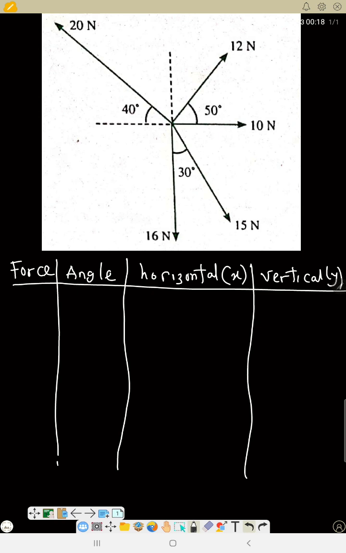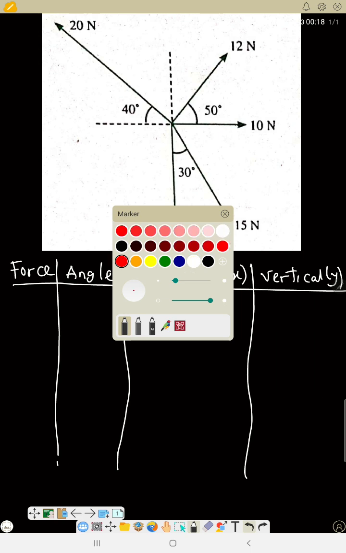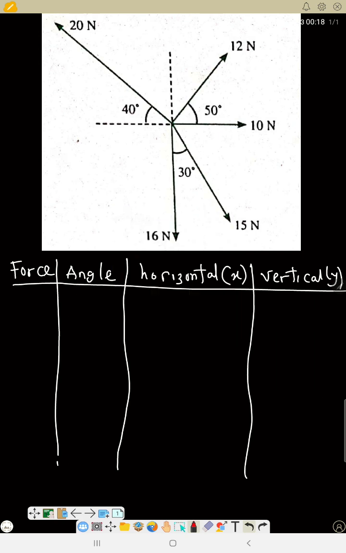If you look at all the angles very well, we have 50 degrees to the horizontal. I want to use all horizontal angles. 40 degrees is to the horizontal, but this 30 is to the vertical, so I have to convert it to the horizontal, and this will be 60 degrees. Remember, the total angle here is 90.